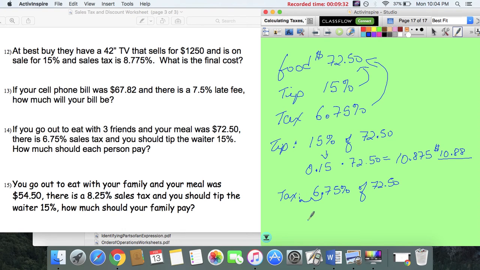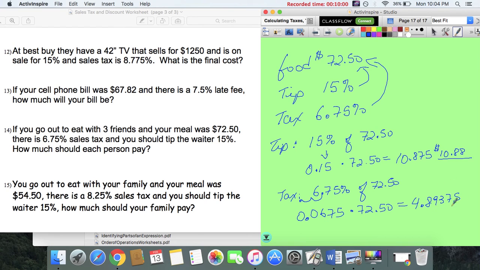So it's going to be point, add a 0 in that empty space, 0.0675, and we're going to multiply that times the food value, which is 72.50. So on your calculator, 0.0675 times 72.5 equals, and you're going to get a big number, which you're going to have to round, 4.89375.